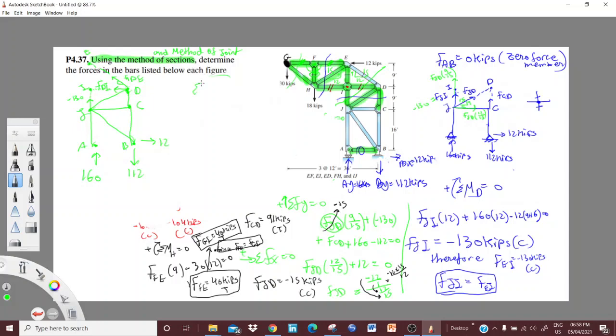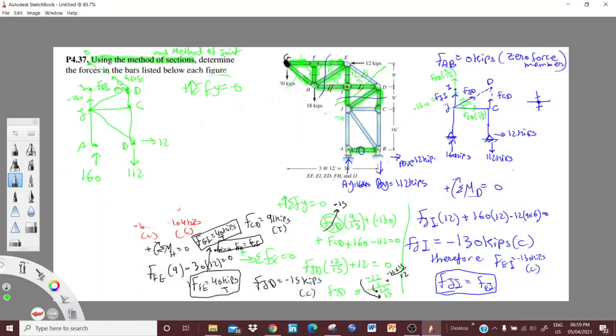So let's resolve the components. I will take summation of Fy, plus upward, since we don't know FDI. But we found it actually, FDI or HI, somewhere here, but I think I erased it. Let's take summation of Fy equal to 0, the upward force.